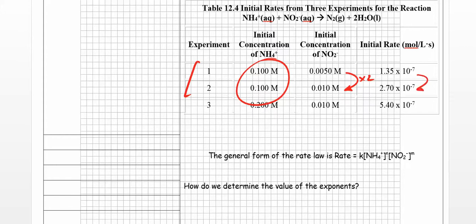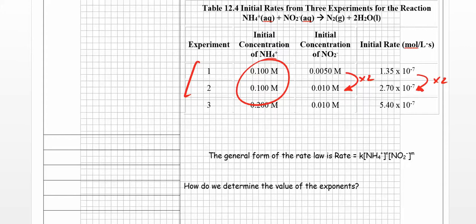That is a doubling of the initial rate. So let's take a look at what happened. The initial concentration of the NH4 plus remained constant, but the NO2 minus was doubled. And when that happened, the rate also doubled.